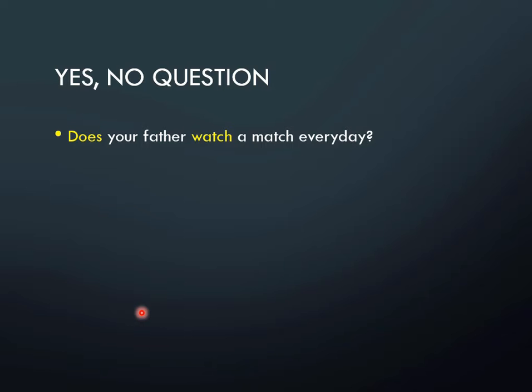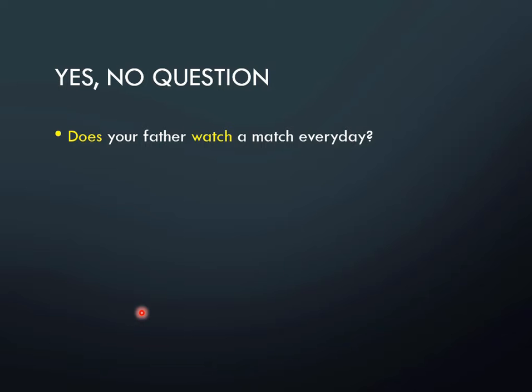Does and do in the present simple, we use them to ask questions. If the subject is singular, we use does, okay, as a helping verb at the beginning of the question. If the subject is plural, we use do instead of does. Here in this sentence, does your father watch a match every day?